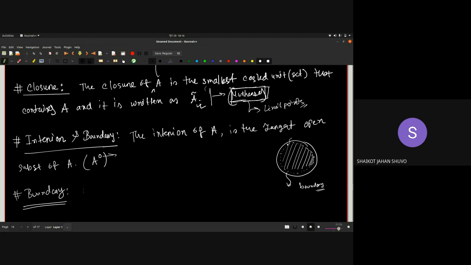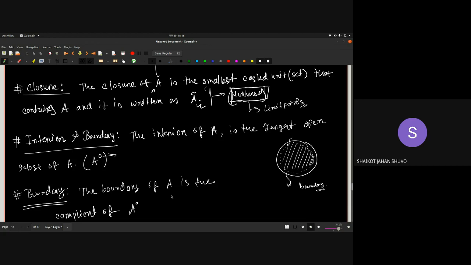The boundary of A is the complement of A0. That means it's the complement of the interior.